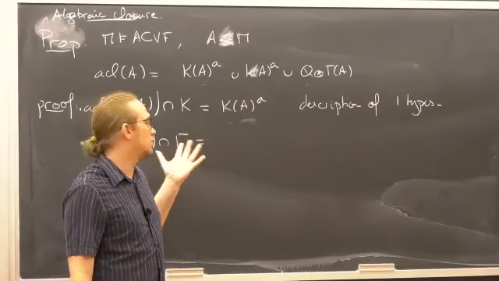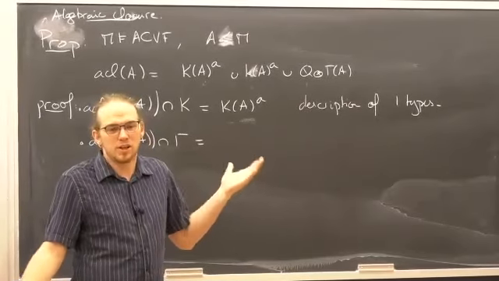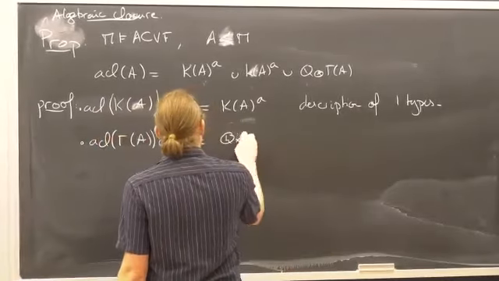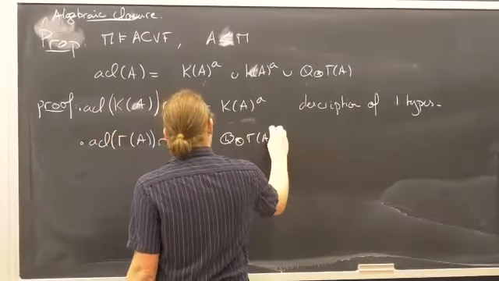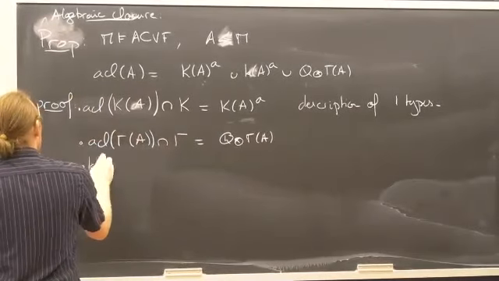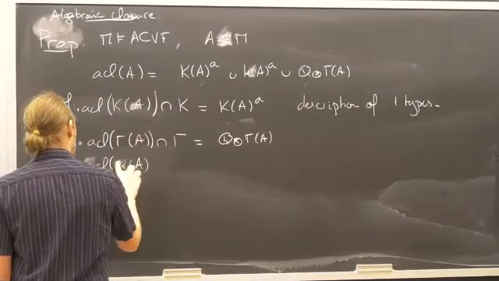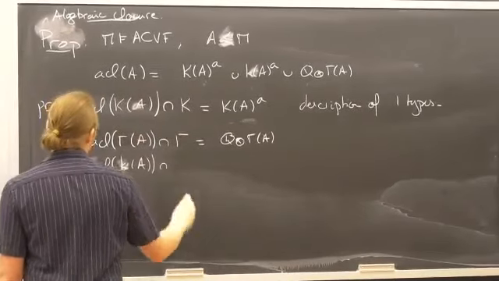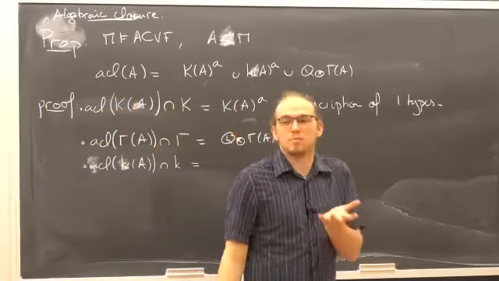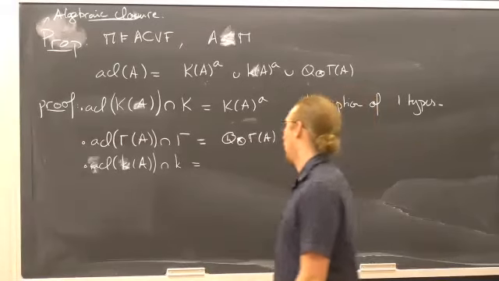So what you define is just the algebraic closure in an ordered abelian group, which is just the divisible hull. And similarly, ACL of K of A intersect with little k. You're in a pure algebraically closed field, so your ACL is going to be the algebraic closure.